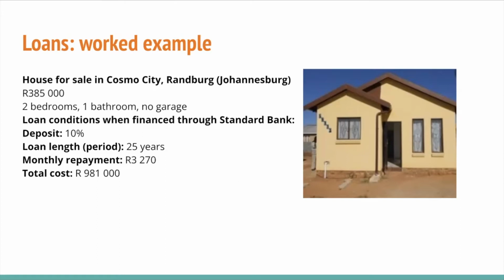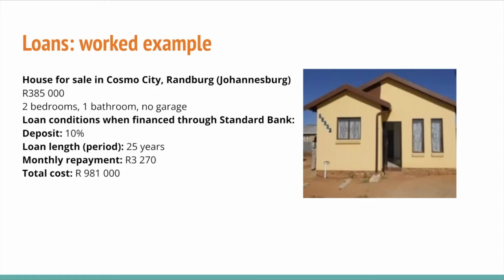So the loan amount is going to be the difference between the price of the house and the 10% deposit. So the loan amount is going to be 90% of the 385,000. How you can work it out is by working out 10%, which is 38,500, and subtracting it from 385,000.